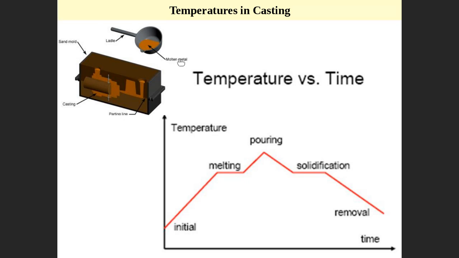Actually, the reason is, you can see here, this is the initial temperature of the raw material. We heat the material up to the melting temperature. Here, at the melting temperature, it takes a while for all the material, because the material starts at this point to change from solid to liquid. Then here, it needs some time to totally change from solid to liquid.